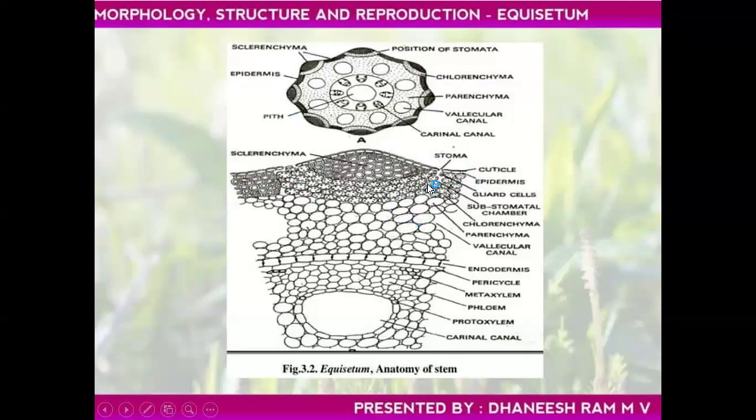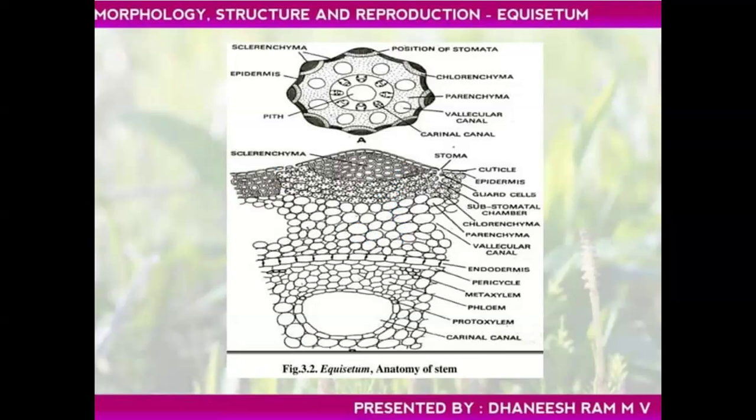In the outer cortex, we can see parenchyma cells with chloroplasts, which we call chlorenchyma, whereas the inner cortex has parenchyma cells with wide intercellular spaces.